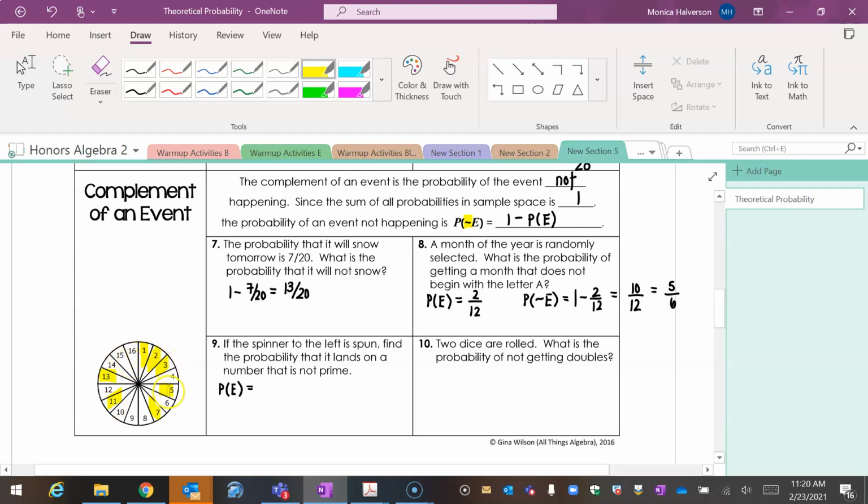So 1, 2, 3, 4, 5, 6, 7. So 7 of 16 is prime. So the probability of it not being prime is 1 minus 7/16, which is 9/16 as your final answer.